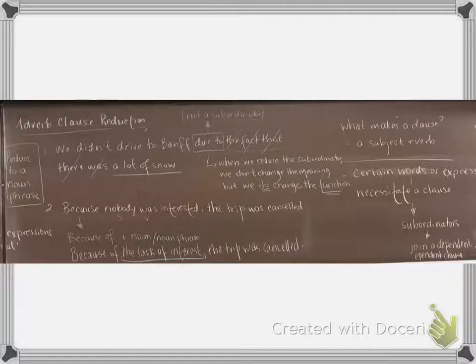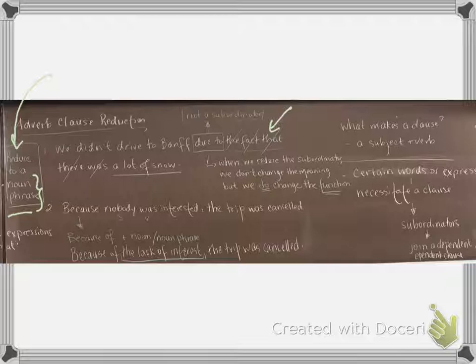All right, so when we reduce an adverb clause, okay, we can reduce it to this. It's called a noun phrase. So if we have a sentence like, we didn't drive to Banff due to the fact that there was a lot of snow, which is certainly the case today.